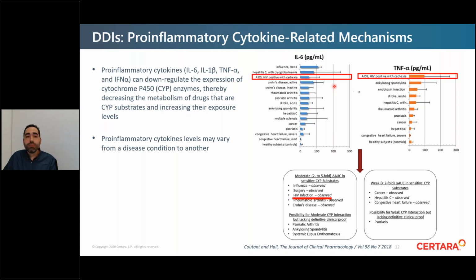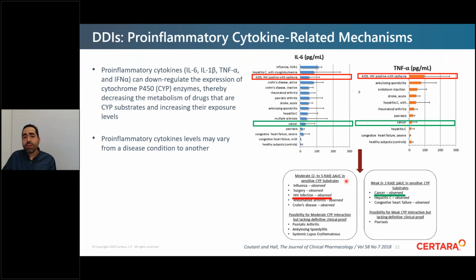If we take the example of HIV patients with cachexia, as we have higher levels of IL-6 or TNF-alpha, the impact on the CYP substrate was observed to be moderate, meaning a 2 to 5 fold impact on the AUC of the cytochrome substrate.